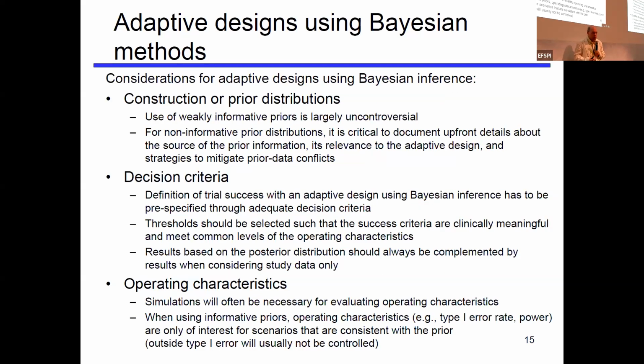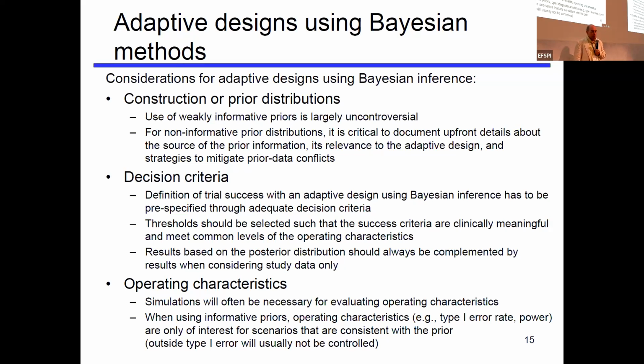We are talking about the construction of the prior distributions, the choice of the decision criteria, and understanding the operating characteristics. With respect to the prior distributions, when you use weakly informative priors, this is probably uncontroversial. But I think there's a little typo in the second sub-bullet. It should read: for informative prior distributions. It is, however, critical to document upfront the sources of the prior information, the relevance for the adaptive design, and also to specify upfront strategies to resolve any possible prior data conflict that you might see at the end of the trial.